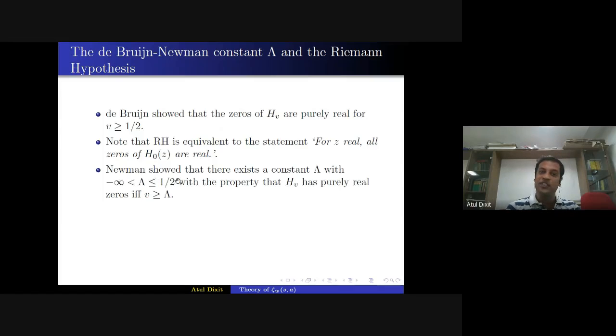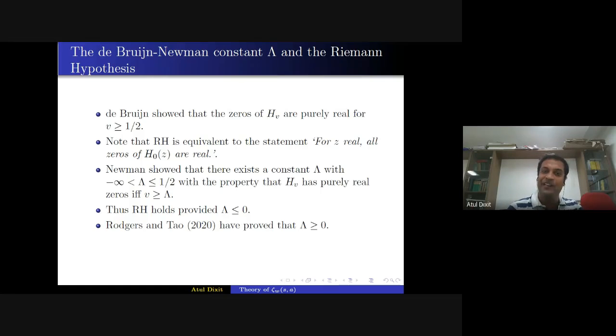Further, Newman showed that there exists a constant lambda between -infinity and 1/2 with the property that h sub v has purely real zeros if and only if v is greater than or equal to lambda. So it's strengthening the results of De Bruijn. So from what I have just said, RH will hold provided lambda is less than or equal to 0.